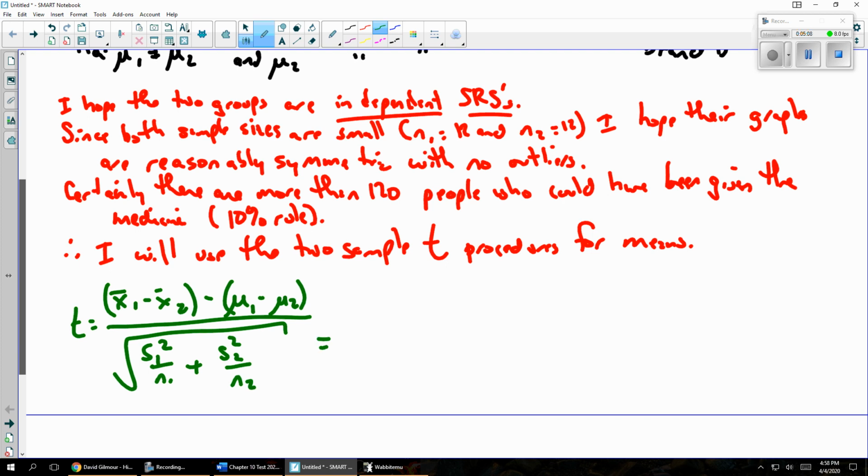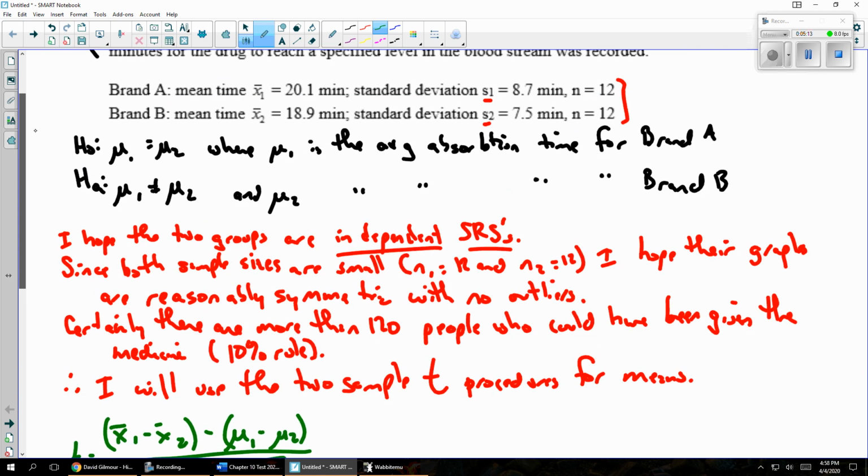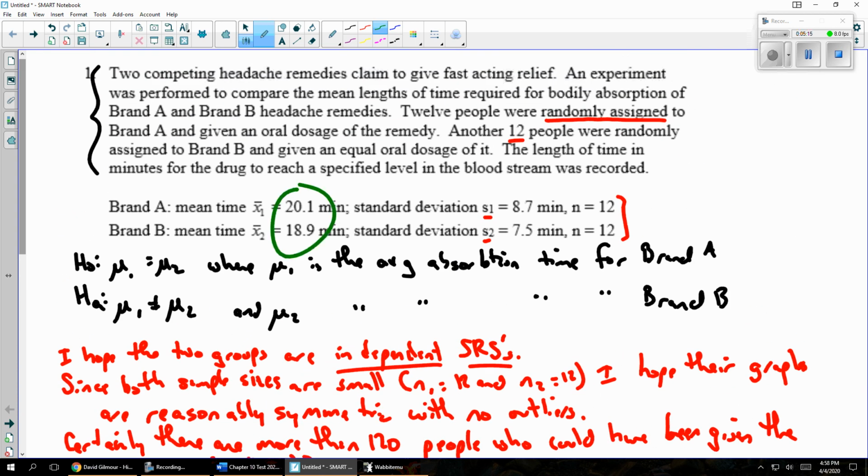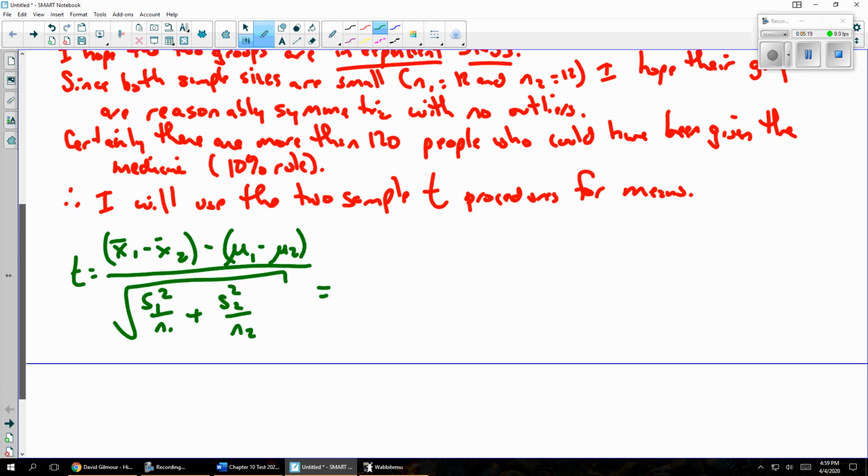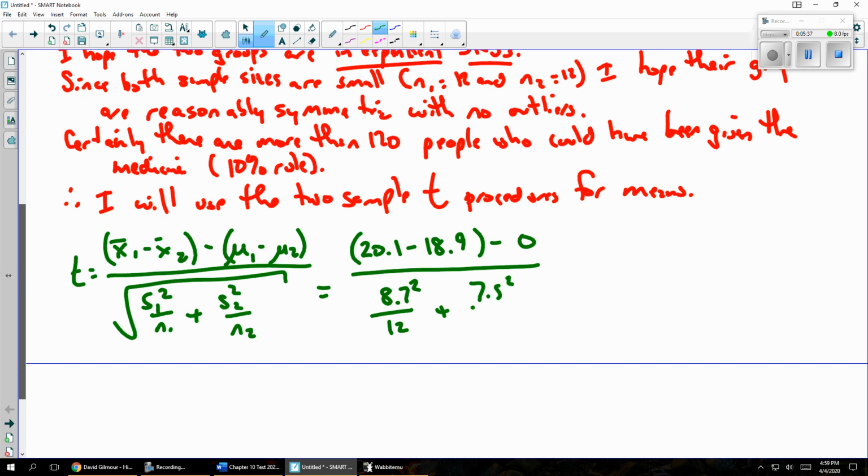Now, I advocate showing the numbers plugged in here, so getting them back from these summary statistics, I'm going to take all these numbers and plug them into this formula, and so it'll look like this: 20.1 minus 18.9. This second part goes away. That's 0 over the square root of 8.7 squared over 12 plus 7.5 squared over 12.